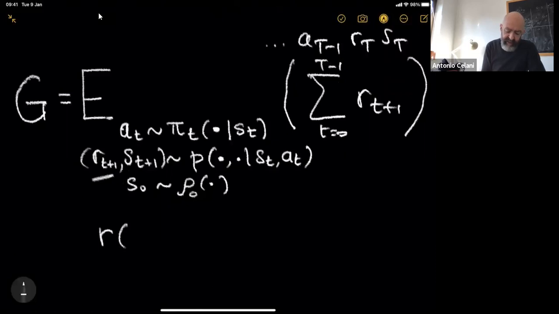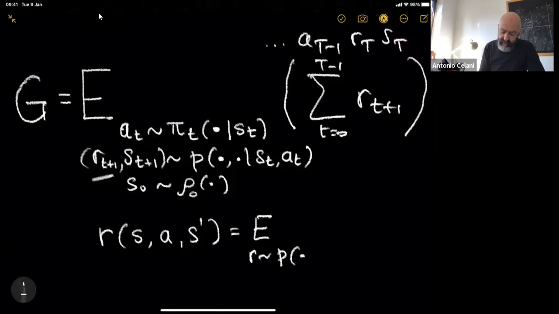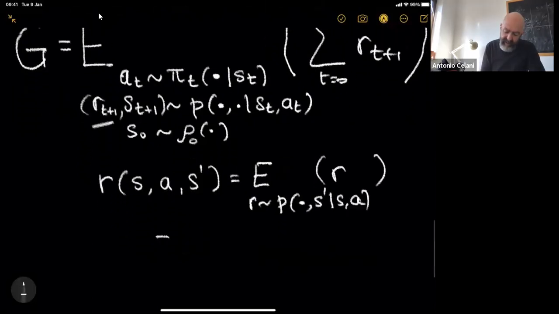So we define the reward for a state, action, and new state S prime as the expectation value, where R is picked according to the distribution of R, unspecified S prime given S A, of R, which even more explicitly is the integral over R of R p(R, S prime | S, A).